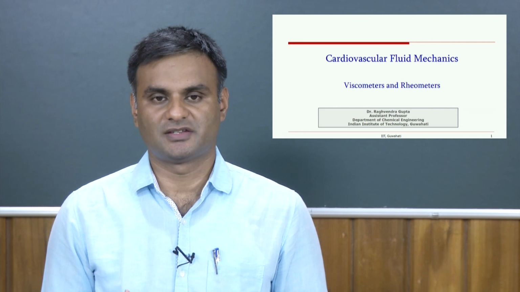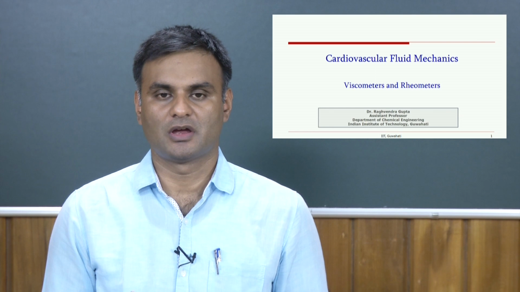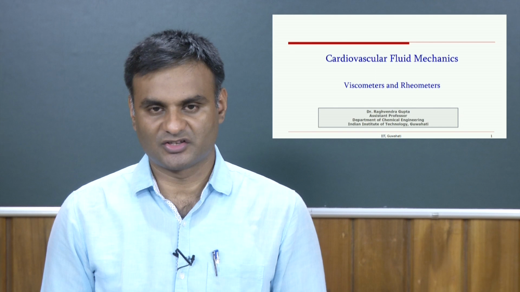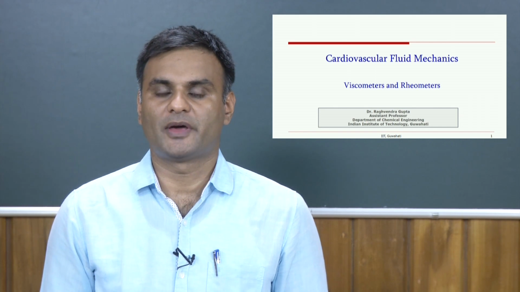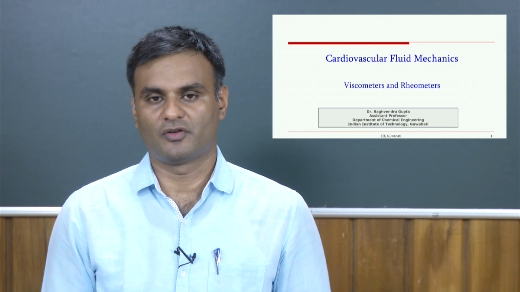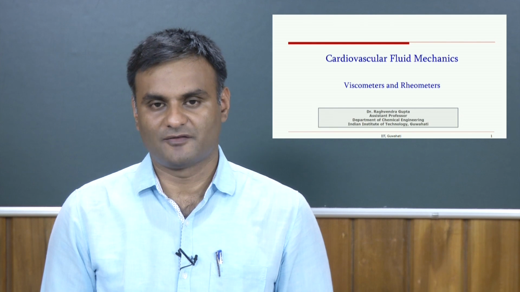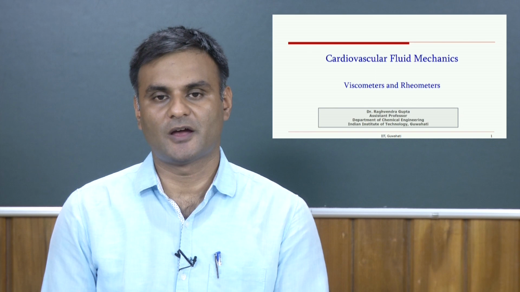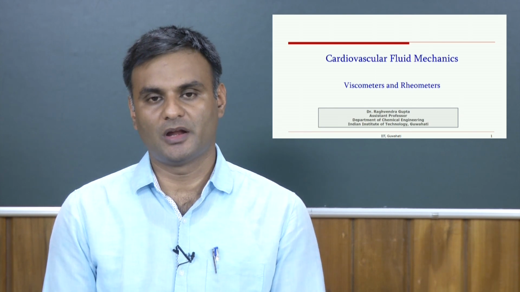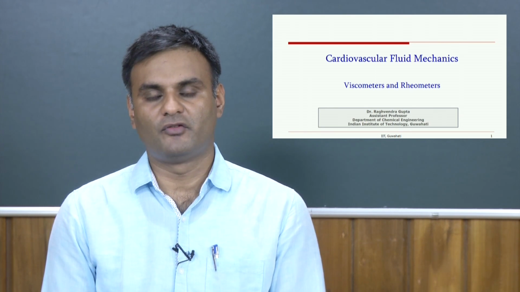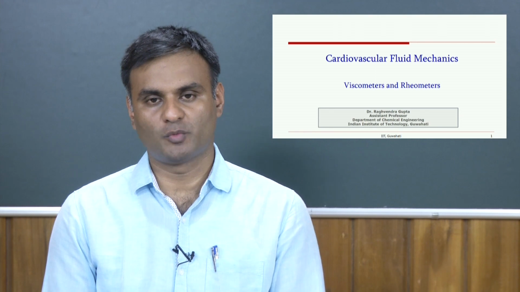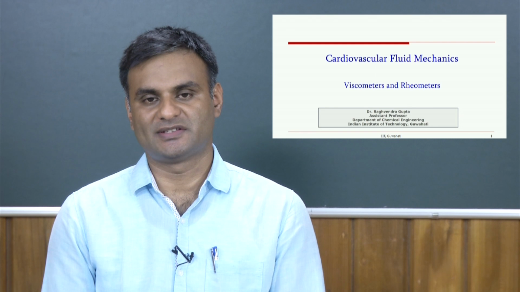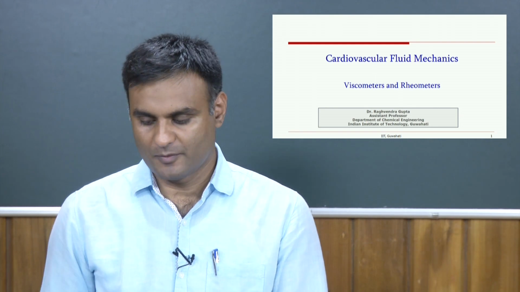So this is done by doing careful experiments to measure the viscosity or apparent viscosity of complex fluids. In this lecture, we will be looking at the simple and frequently used viscometers and rheometers, especially in the context of blood.